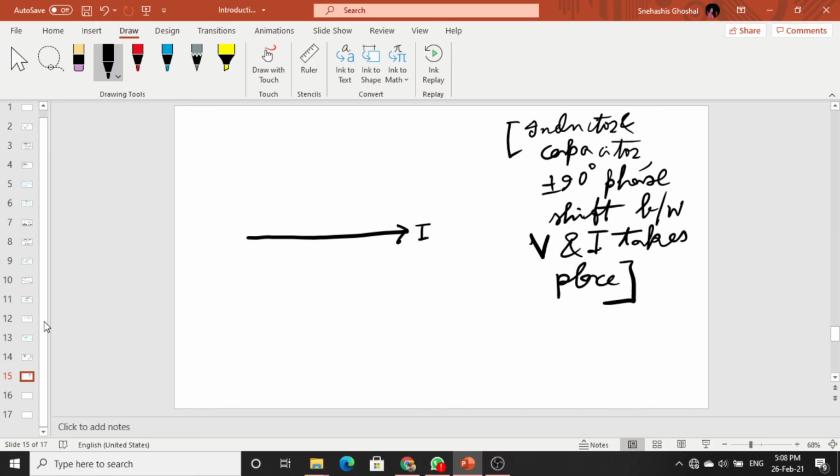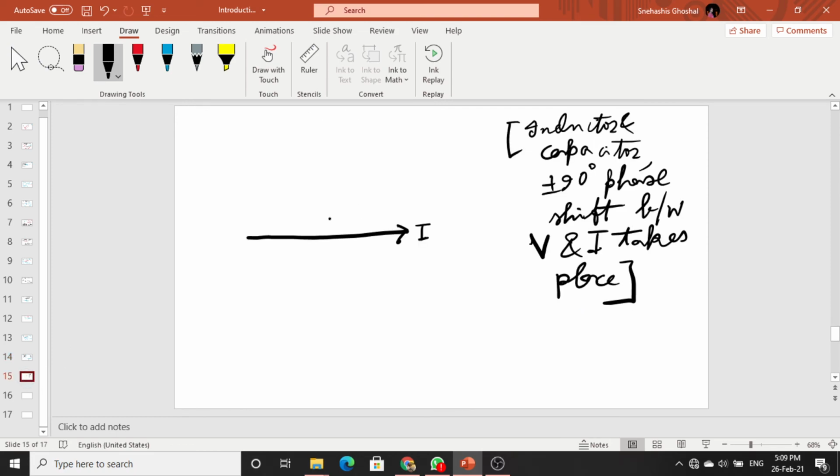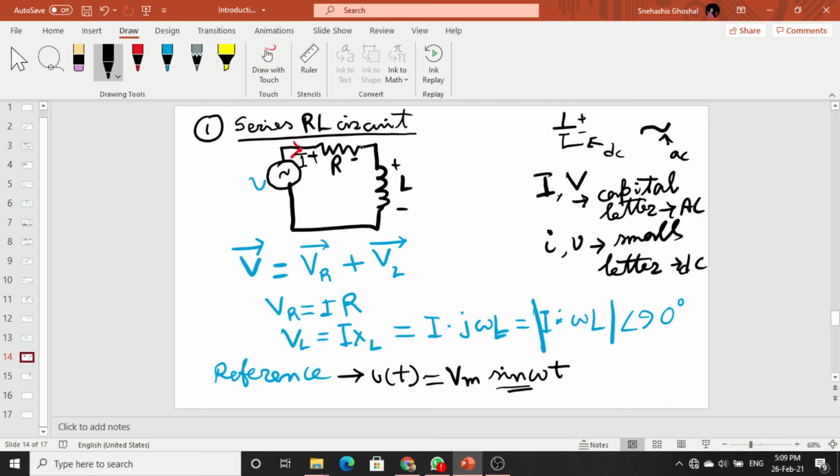Let's get back to here. I is the same through these two elements, R and L. Now there are two more elements. One is the resistor, and in a resistor there will be no phase difference between voltage and current.